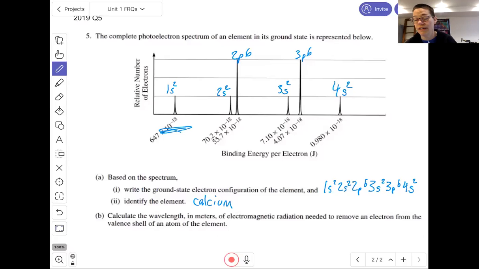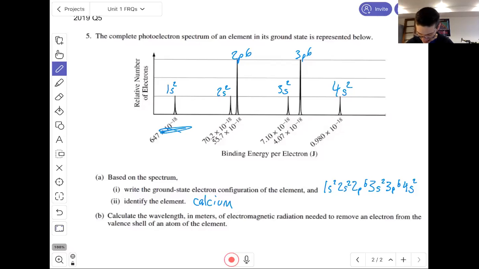On the regular test, questions 4, 5, 6, and 7 are each worth 4 points. Part A 1 would be worth a point, A 2 would be worth a point, and B would be worth 2 points. So if you wrote the electron configuration but then wrote the wrong element, you'd miss that point. But I fixed it. Okay, well that's good.